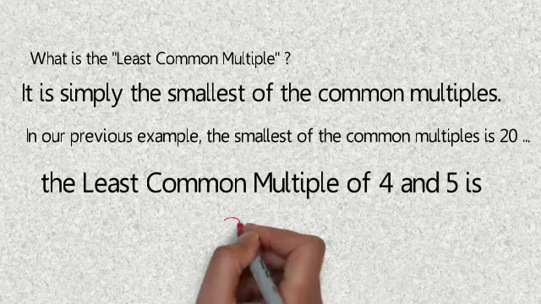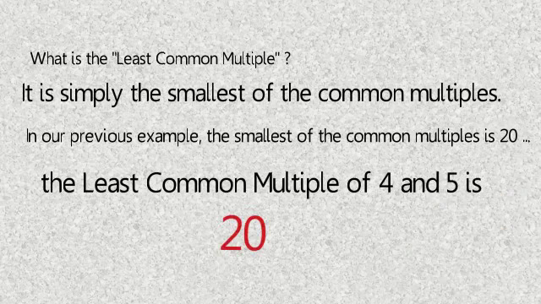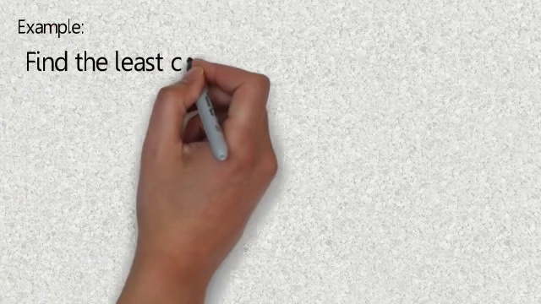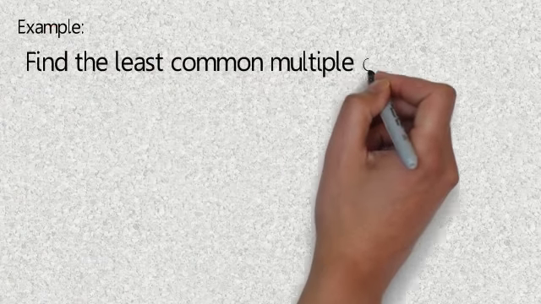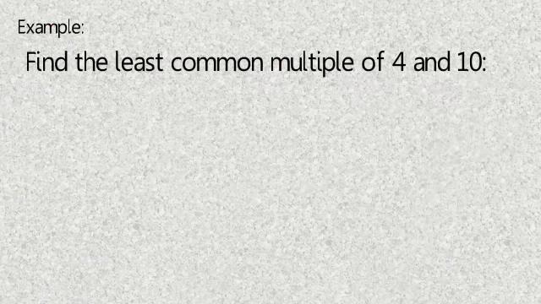So let's take a look at some solved examples of finding the least common multiple. Find the least common multiple of 4 and 10. Can we list the multiples of 4? To get multiples, you multiply the number by 1, 2, 3, 4, 5, 6, and so on, but not 0.